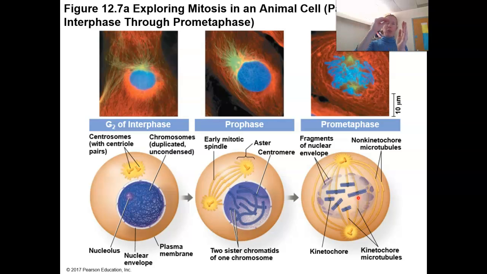These microtubules reach out and attach on that patch. And then there's also non-kinetochore microtubules. These proteins are growing, building towards the opposite pole of the cell, and then they're going to push past each other to help rip the cell apart.